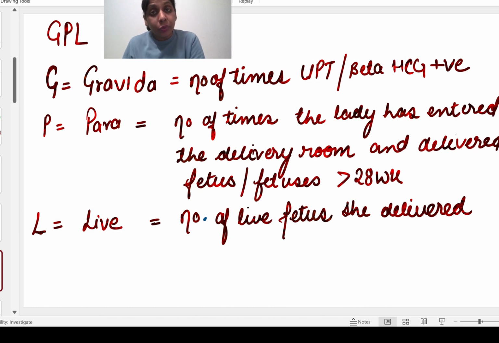So even if it is a twin pregnancy, the parity will be counted as one, because the lady entered the delivery room once to deliver them. Okay, L is live, the number of live fetuses she delivered. I hope it is clear. Whenever you have any confusion, go with this trick, it will help you a lot.